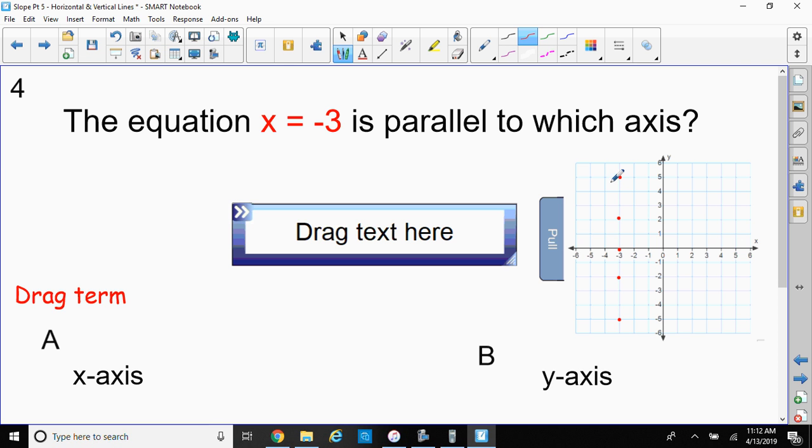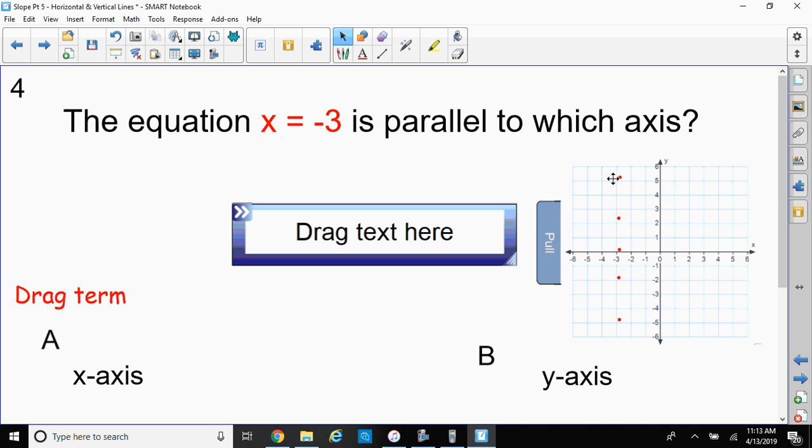So I got some points, and let me grab my line tool so that I can connect the dots and have my line. Let's draw it a little straighter. Let's try that one more time.